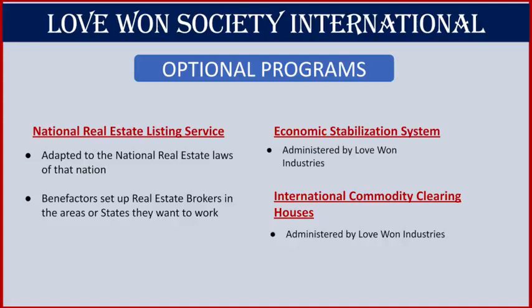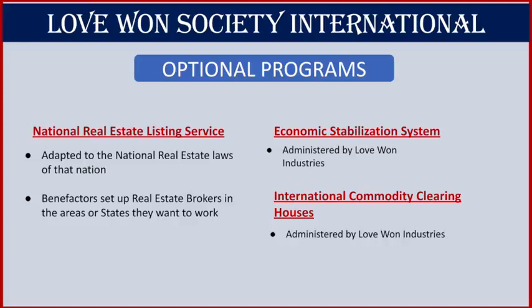Now, Love One Industries is a subsidiary of Love One Society, and that's a corporation sole, but it acts like a trust. So each of these different, we got Love One Industries, Love One Entertainment, Love One Holdings, a bunch of things of this nature that will be used for our own structures. And then you have the International Commodity Clearinghouse, which will also be administered by Love One Industries.